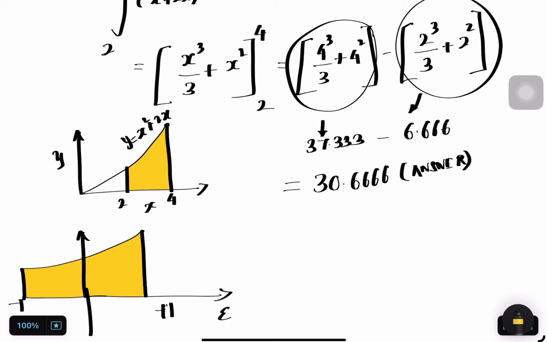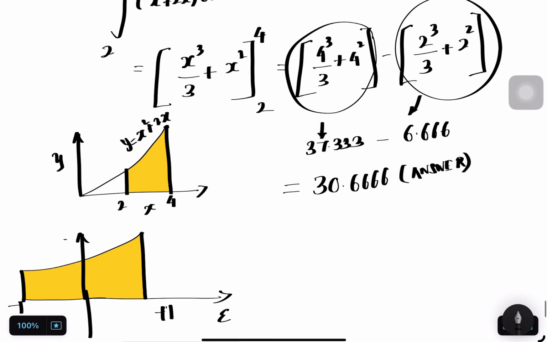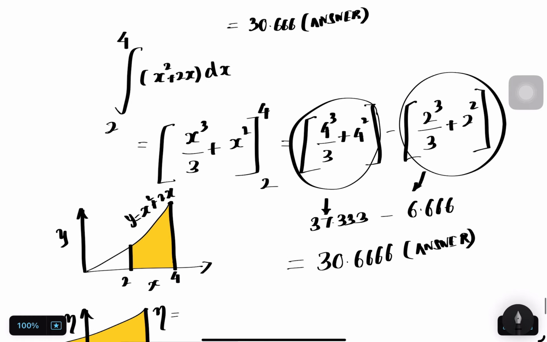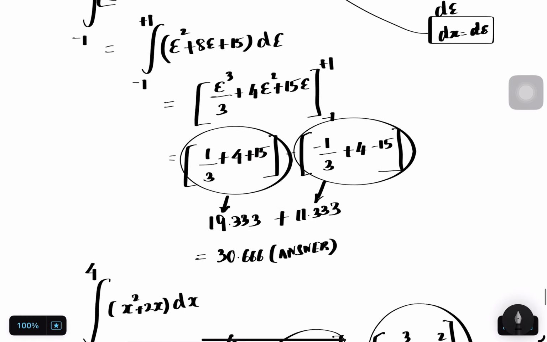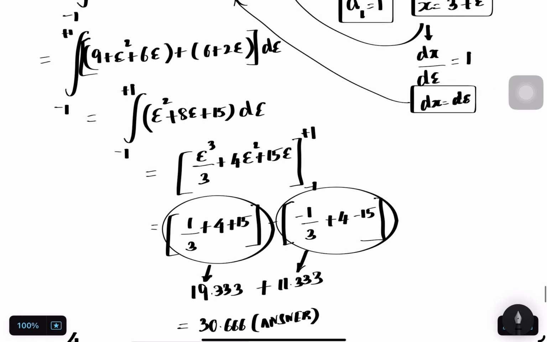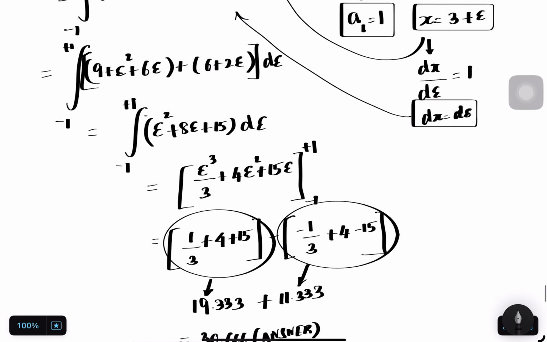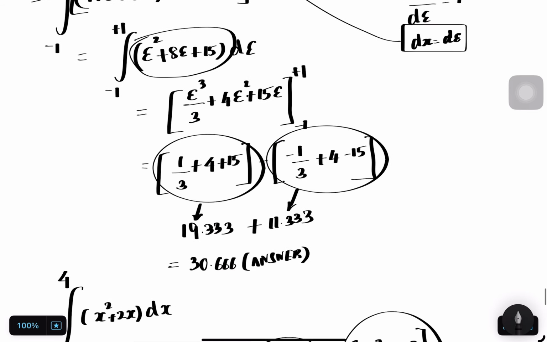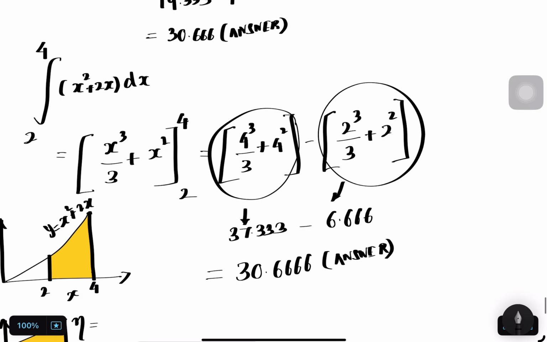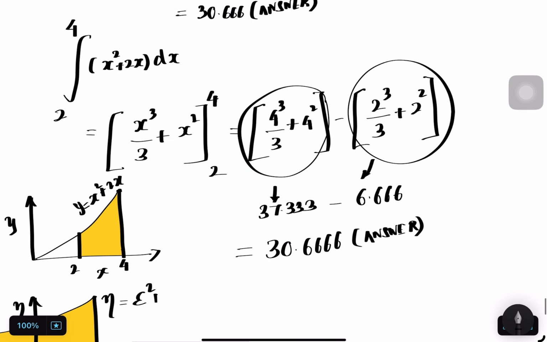Of course, what is this function? Let me call this eta. Of course, eta is going to be equal to this particular function, epsilon squared plus 8 epsilon plus 15.